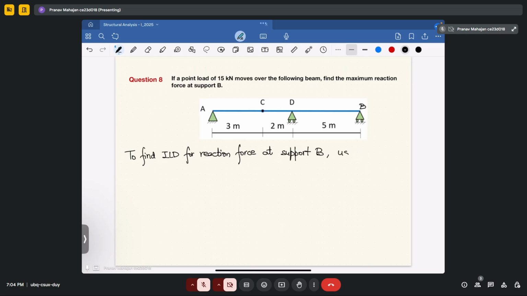You have to remove support B and apply an upward unit load, then find the deflected shape.